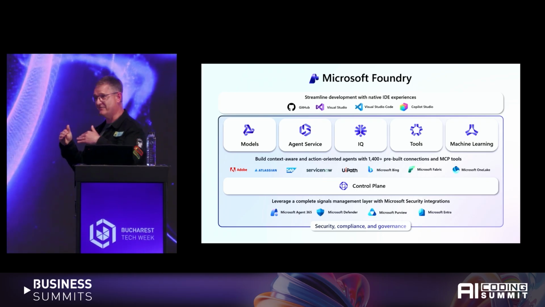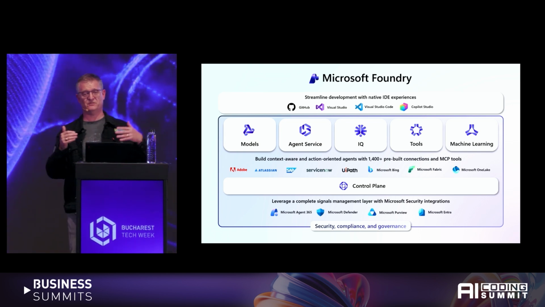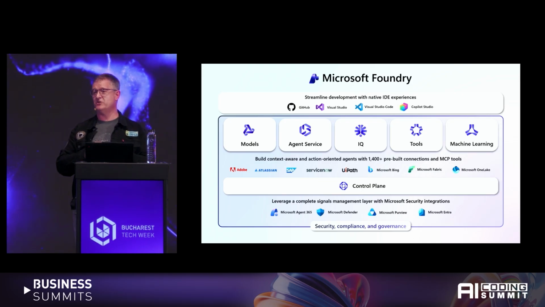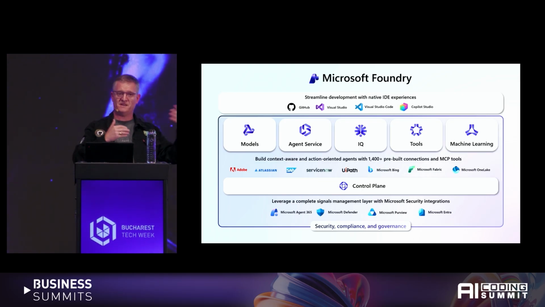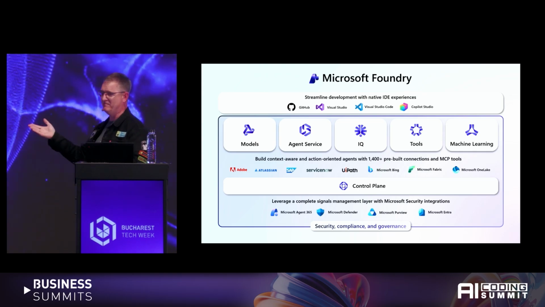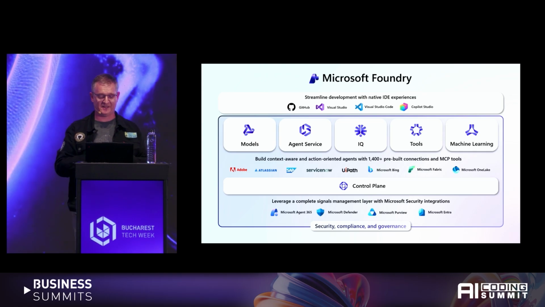We then have our marketplace and service offerings. So we've got thousands of applications being built by you as developers or you as ISVs. And they're then made available to customers through the marketplace. So SAP, UiPath, Microsoft Bing, Microsoft Fabric, ServiceNow.